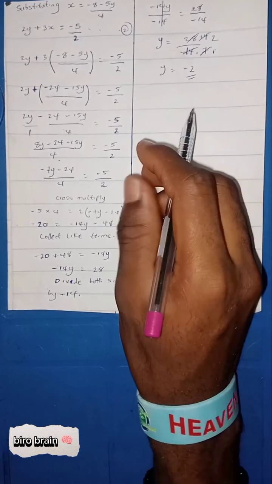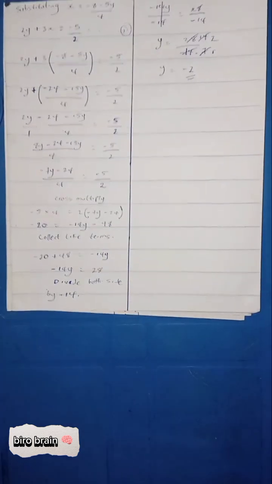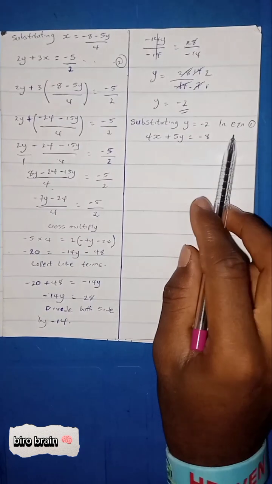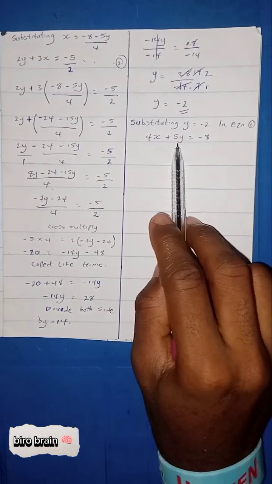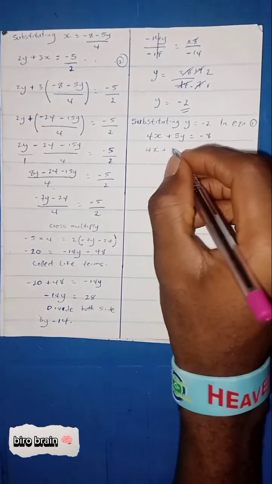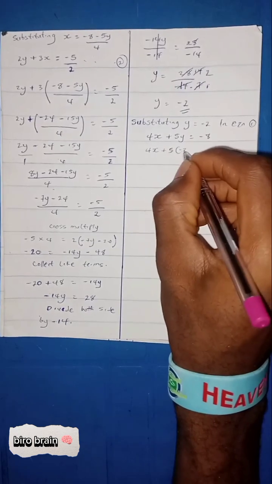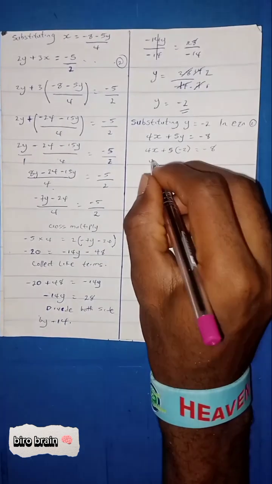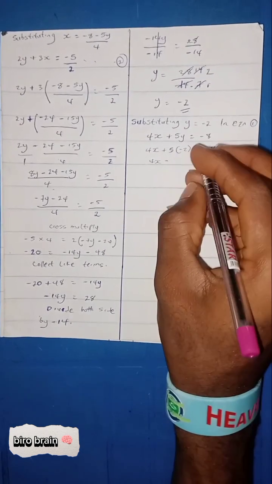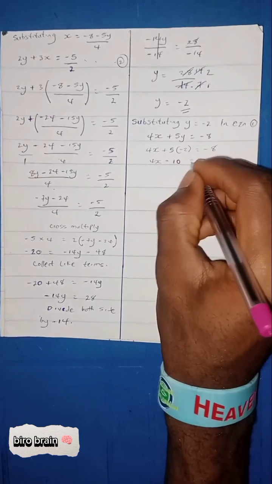Okay, so substituting y equals minus 2 in equation 1, which is this. We have 4x plus 5 bracket minus 2 equals minus 8. 4x minus 5 times 2, that's 10, minus 10 equals minus 8.